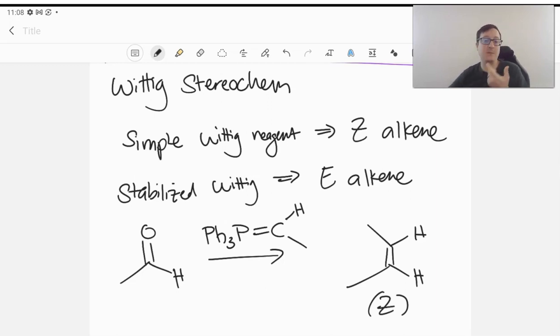And by stabilized, it means that the C minus, the negative carbon, can resonate somewhere. Either we have an electron withdrawing group, or we have a benzene ring, or some other way to stabilize the carbon. We will predominantly get the E alkene.